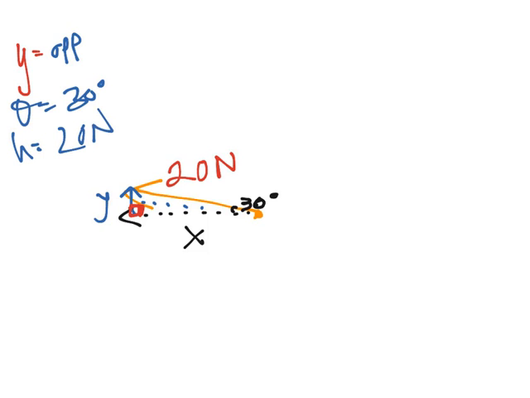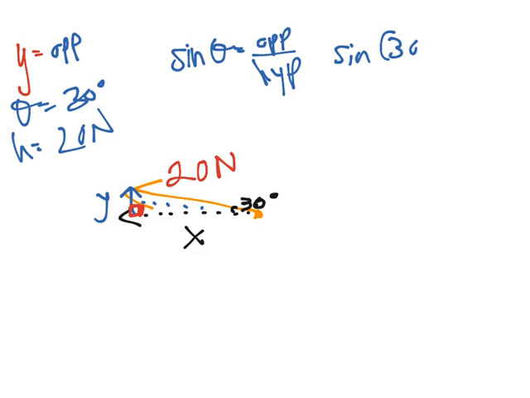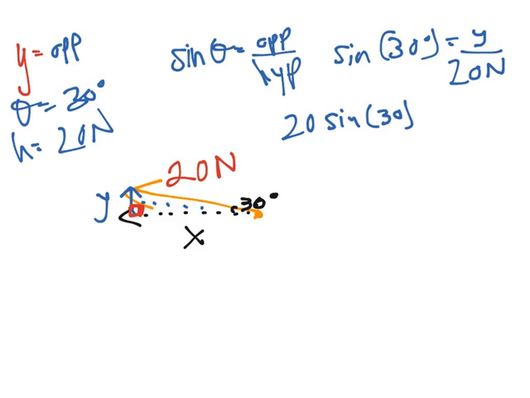So if we have opposite and the hypotenuse, that means we're going to want to use sine of theta, which is equal to the opposite over the hypotenuse. So it'd be sine of your theta, which is 30, is equal to the opposite y over your hypotenuse, which is 20 newtons. So you'd multiply both sides by 20 newtons, so it'd be 20 times sine 30 gives you y.